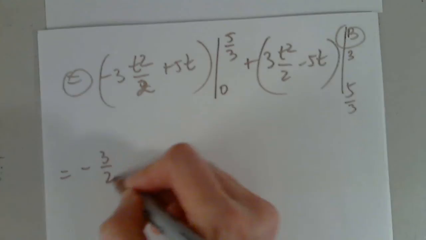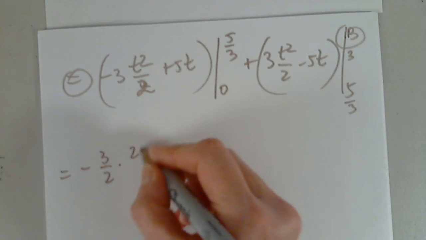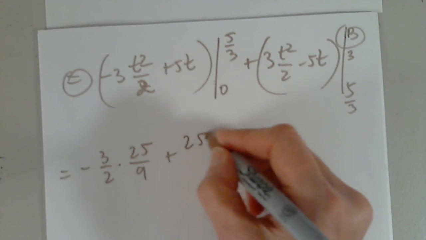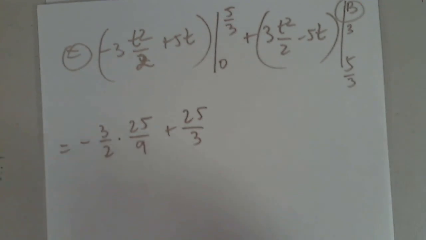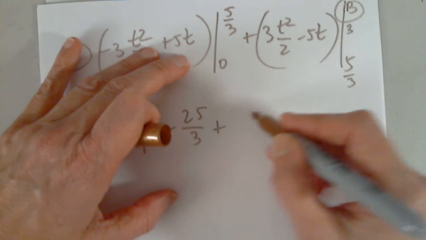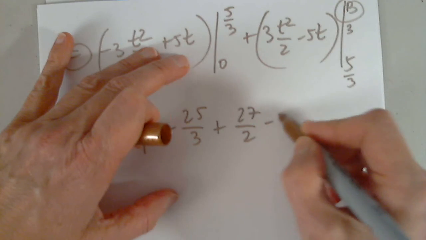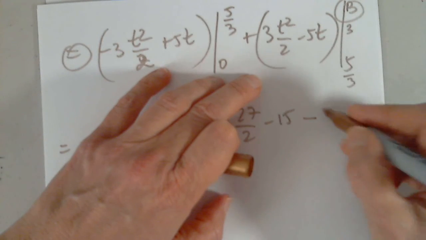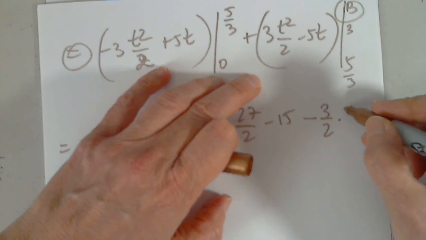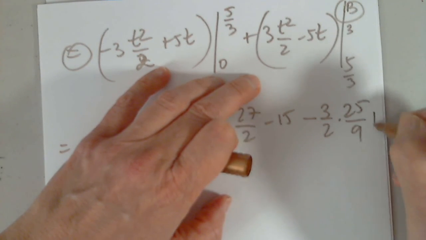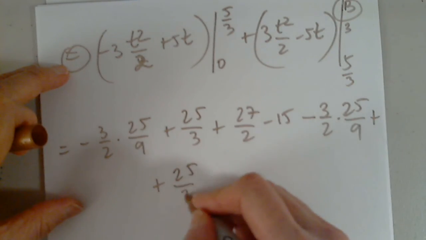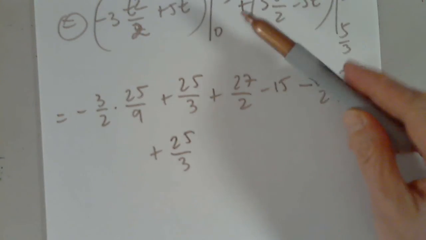So negative 3/2 times this squared, 25/9, plus 25/3. Now careful when I plug in 3. I get 27/2 minus 15, which I got before. But now minus, when I plug in 5/3, 3/2 times 25/9, but now plus 25/3.